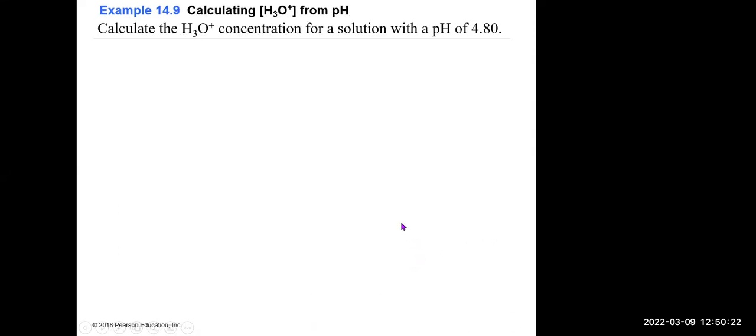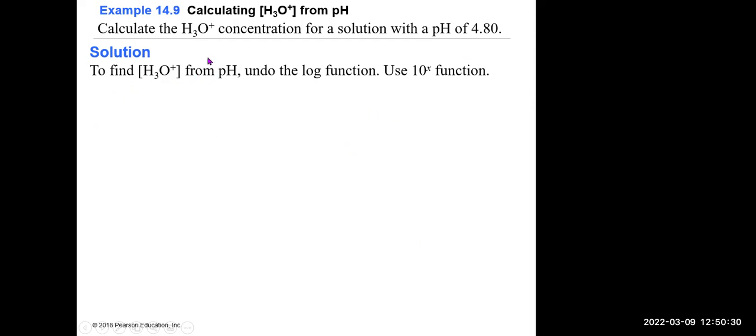You can do the reverse with some simple math. If you know the pH, you can calculate the molar concentration of H plus or H3O plus. We'll use the 10 to the negative x function in your calculator.